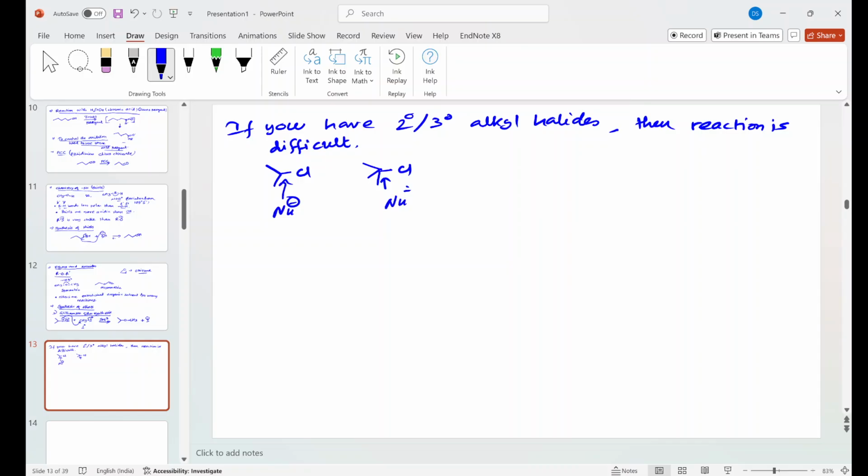If you try to attack in these positions, this will be much more difficult. Okay, just a second.